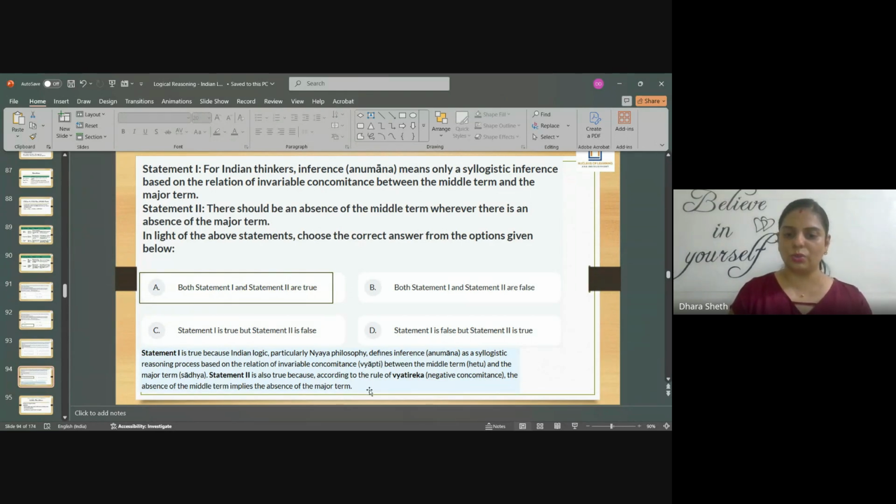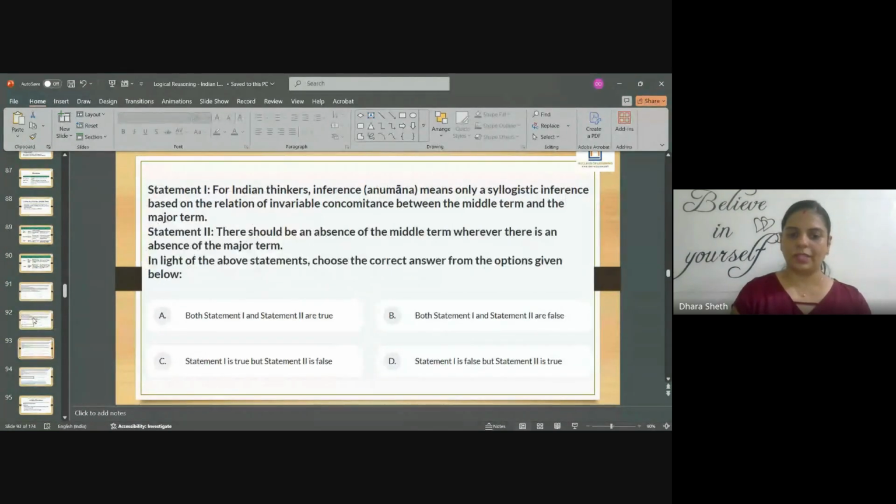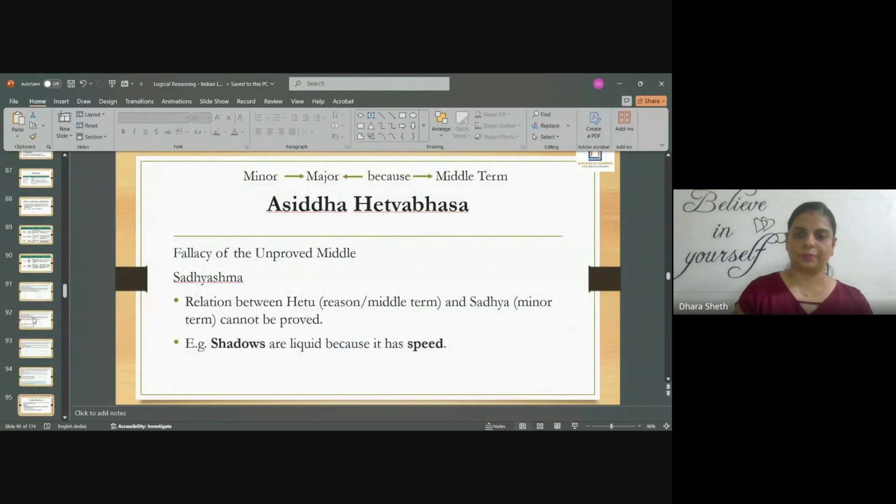Statement 2 is also true because according to the rule of Vyatireka or negative concomitants, the absence of middle term implies the absence of major term. If you see here in the rules, the absence of middle term where the major term is absent, that is vipaksh asatva, that is the rule. Okay. Next, the first fallacy.